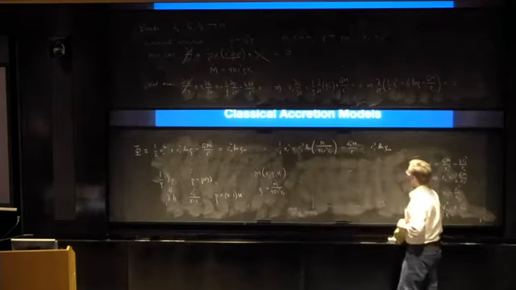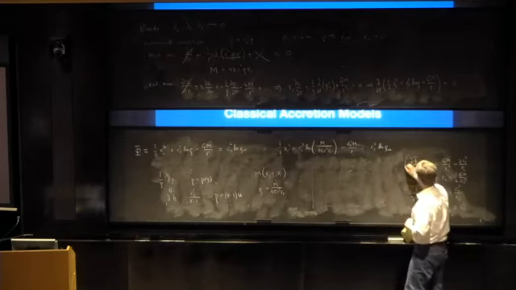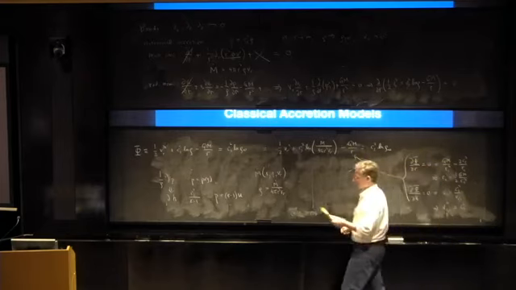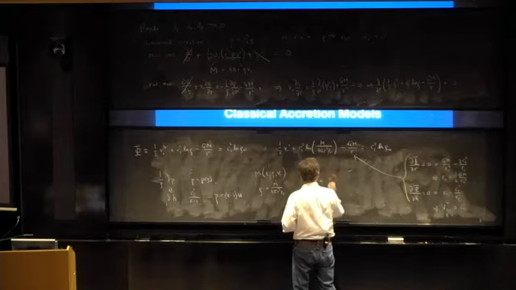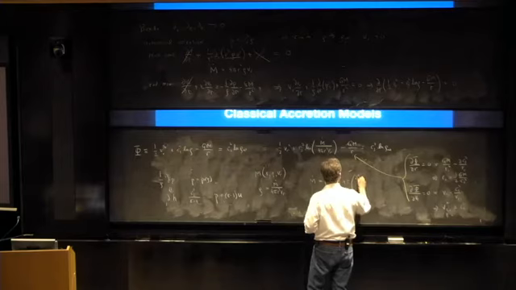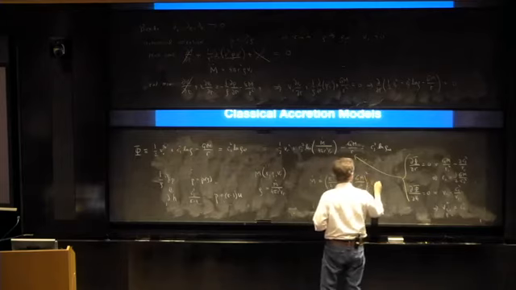Okay. So again, I can take these, substitute in here, and solve for m dot, and that gives the following. Okay, so the Bondi rate always looks like this.